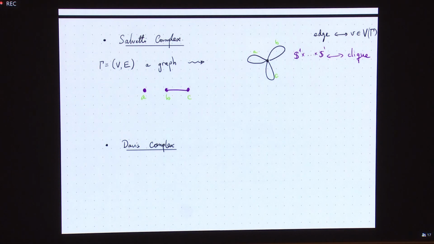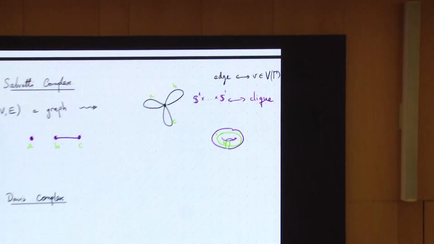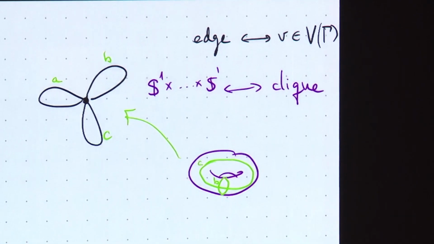I kept it two-dimensional so that I can draw something, but for the only clique that I have here, which is BC, I take a two torus. Okay, so this is my two torus, and I glue it to B and C, back to this guy.